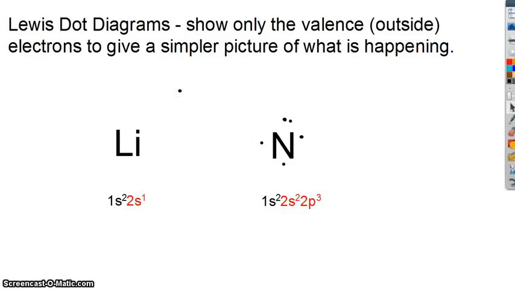And if it lost the 1 electron, it would become 1 plus. Nitrogen, having 5 electrons to begin with, to get its 8, would have a tendency to gain 3 additional electrons. So we'll put in the 3 new electrons to get its 8. So nitrogen would have a tendency to become 3 minus with the additional 3 electrons.